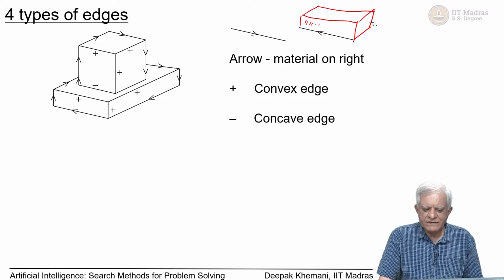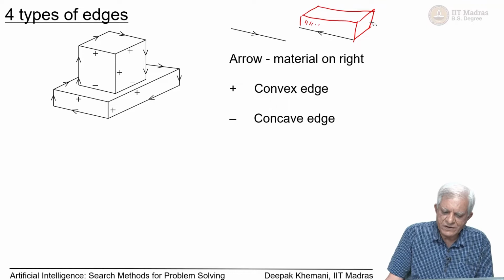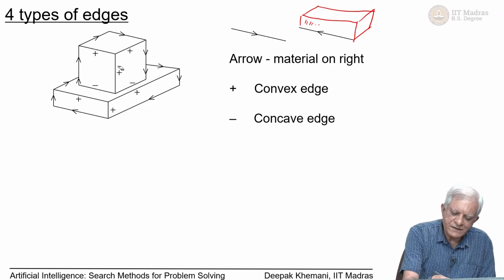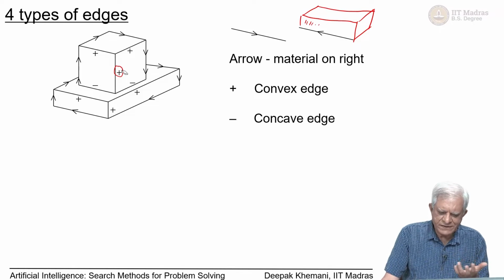So, the figure on the left gives you an example of these labelings. Given the diagram on the left, the labels that we want to produce are shown on the diagram. What does convex mean? Basically, it is a convex edge where the material has an angle of 90 degrees essentially, or less, it could be less than 90 also.